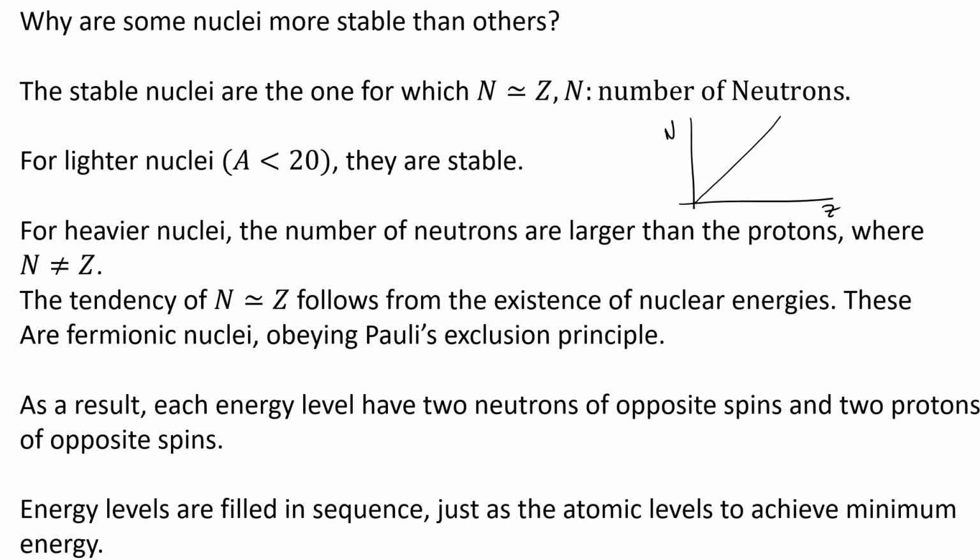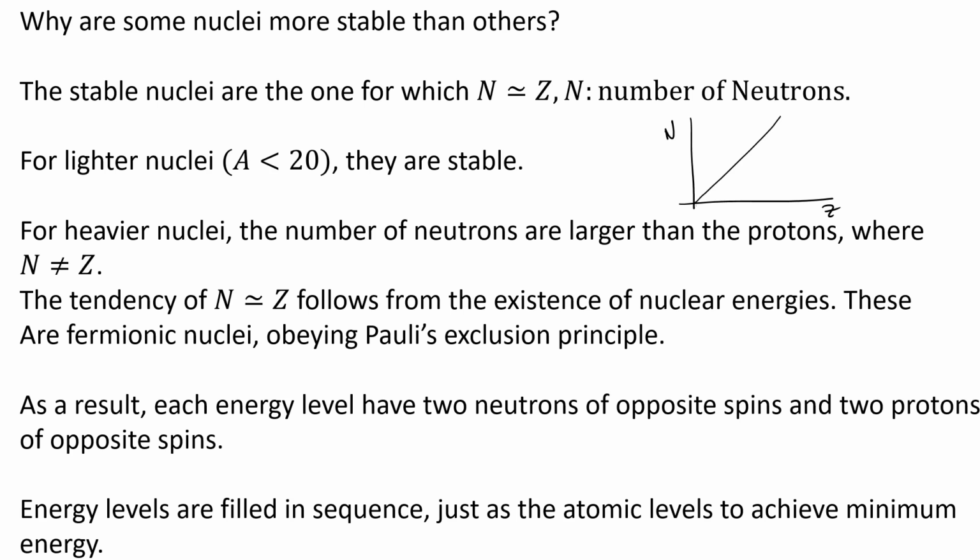For heavier nuclei, the number of neutrons can be larger than that of protons, which means there is a deviation from the N equal to Z condition. The tendency of N to be equal to Z follows from the existence of nuclear energy levels.